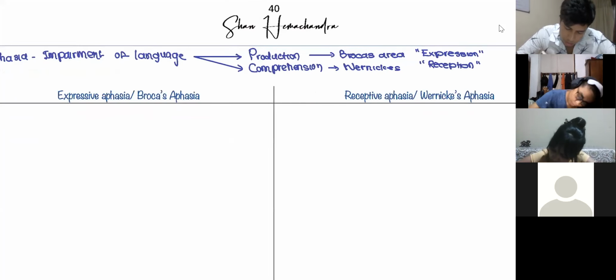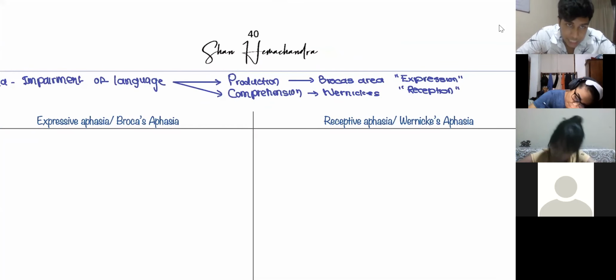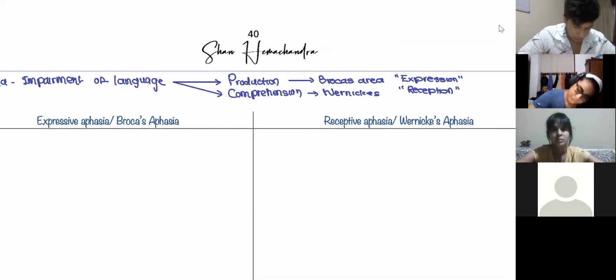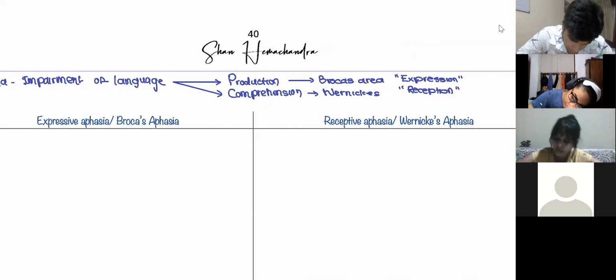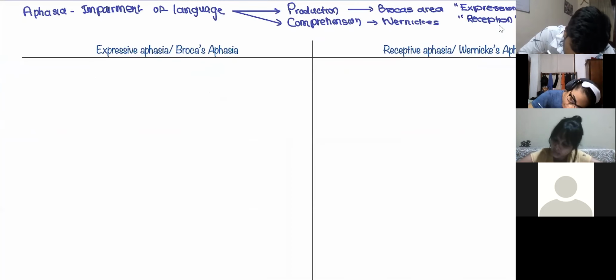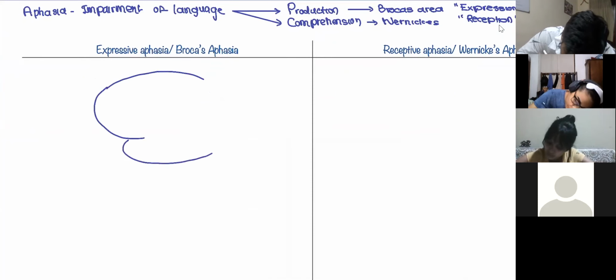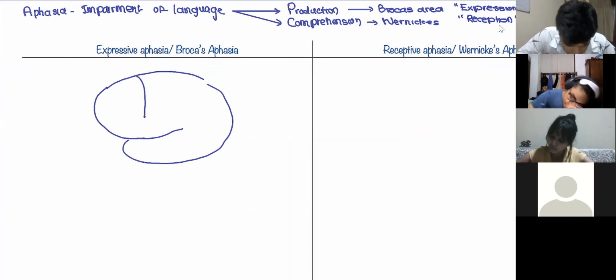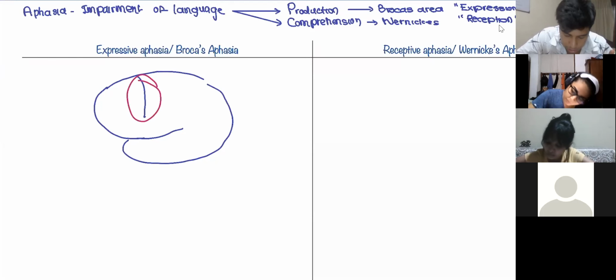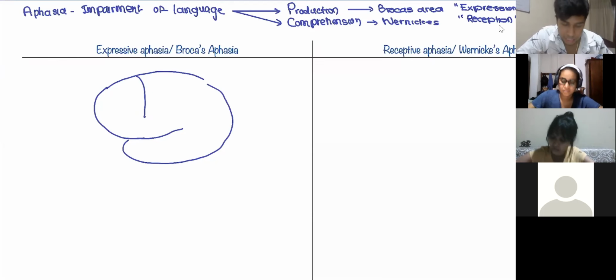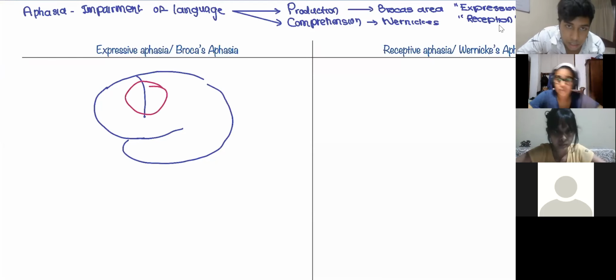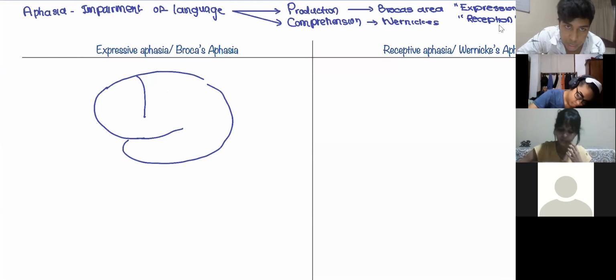Now you can see the two topics here. Expressive aphasia. So let's draw the brain like this. Guys, I cannot highlight how important this line is for stroke, for motor, even for language. This line is the most important line. It divides the motor and the sensory.